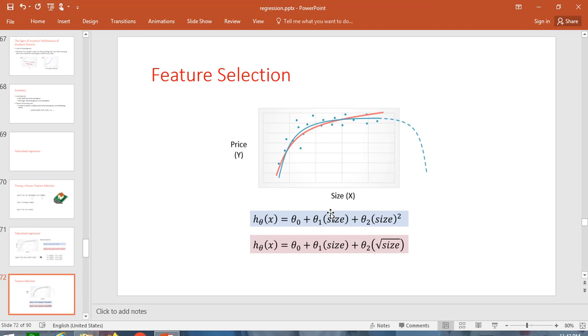Because in the second degree function, if we continue the curve, we will face a parabolic function, and from one point on, when the size of the house increases, the price of the house decreases. We know that this is not the case, so here between these two, the third degree function is better, because it is strictly upward, and we are sure that it will not decrease from anywhere.